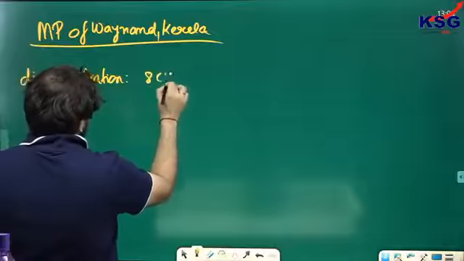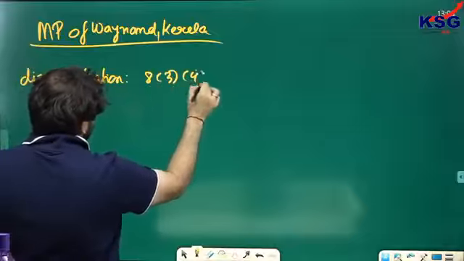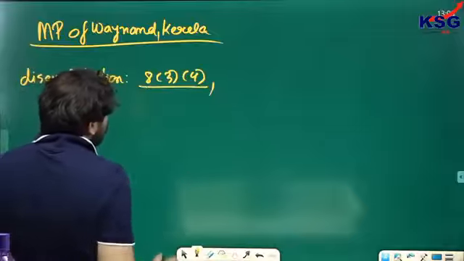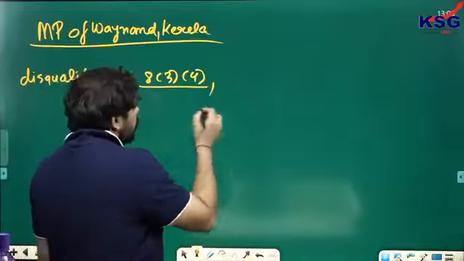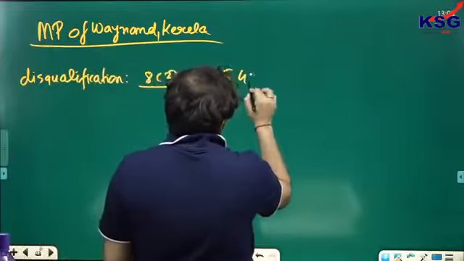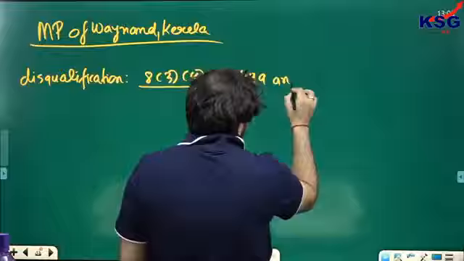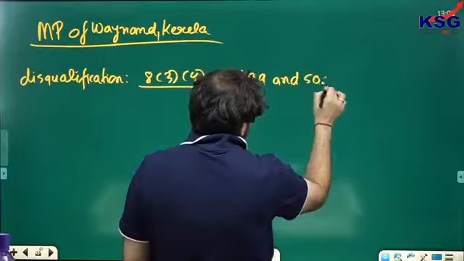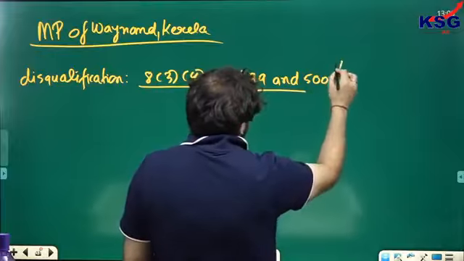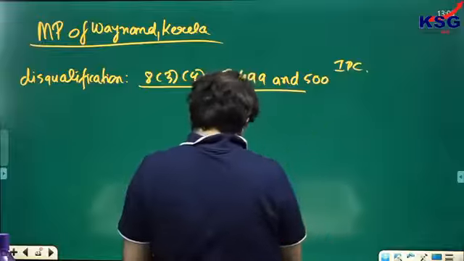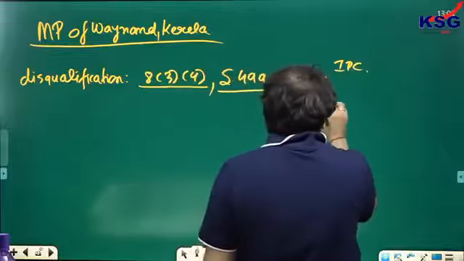Section 8, subsection 3 and 4 of the RPA 1951, and along with this we will also take section 499 and section 500 of the IPC, which deals with the concept of criminal defamation.